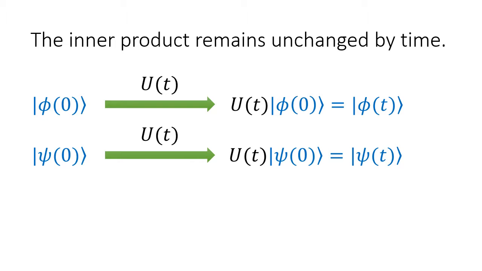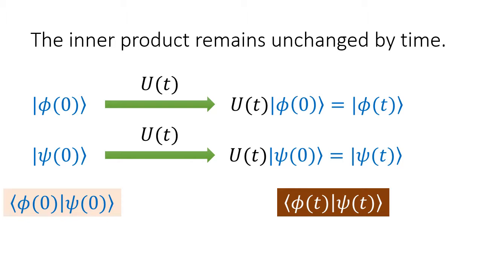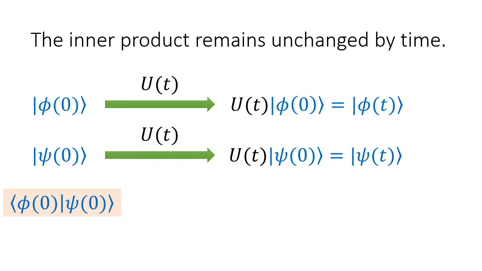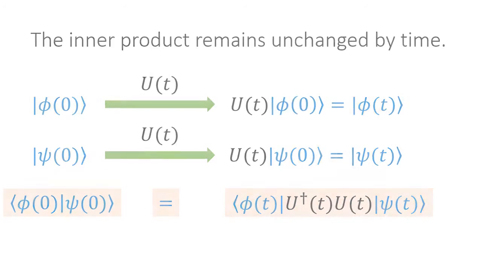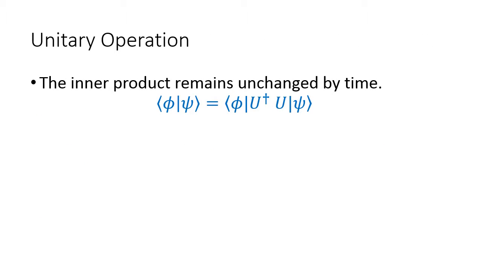The inner product of the initial states, phi and psi, is denoted by this, and the inner product of the final states is denoted by this. And the inner product remaining unchanged by time means that they should be equal. This implies U dagger U is an identity matrix.